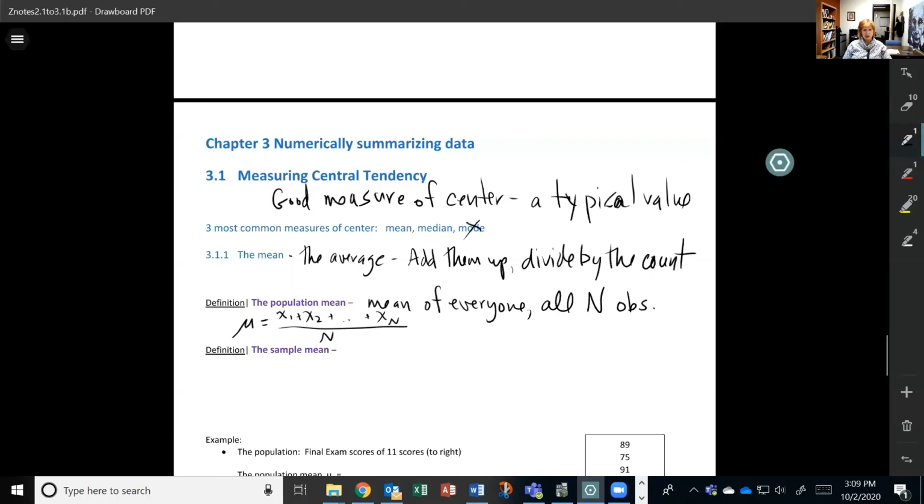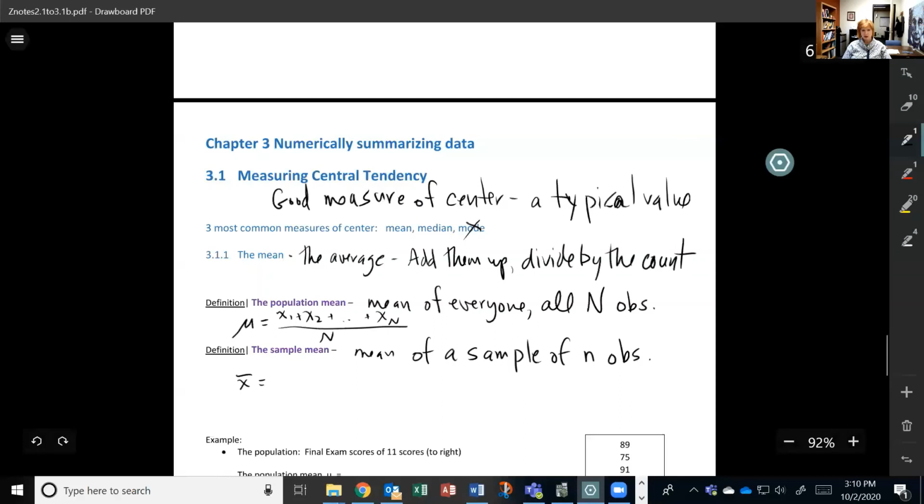The sample mean: a sample is a subset of that population, and the sample mean is just the mean of the sample. So this is going to be the mean of a sample of little n observations. The symbol for this is x bar.